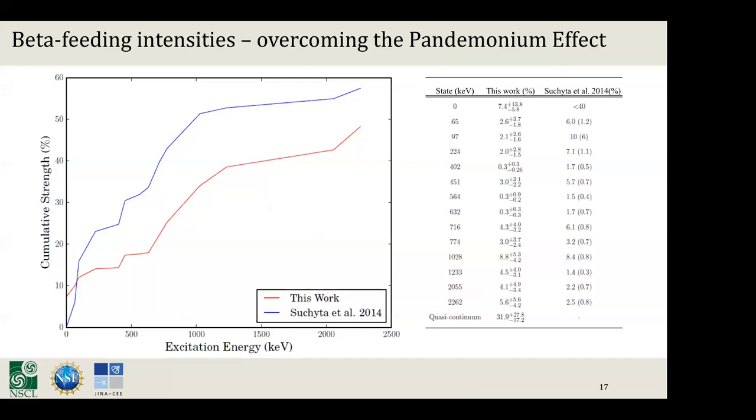So what this means is that if you use a germanium array, there is a high likelihood that the reported beta decay feeding strength for the ground state is going to be overestimated. So you make that transition strength significantly stronger than it actually is in reality.